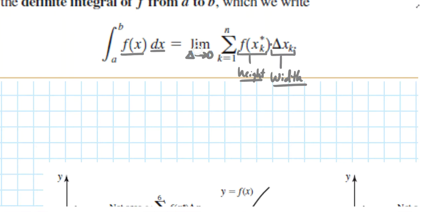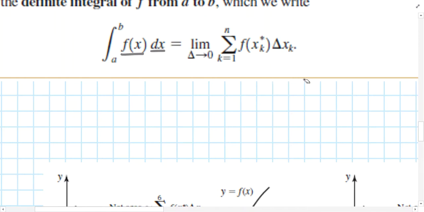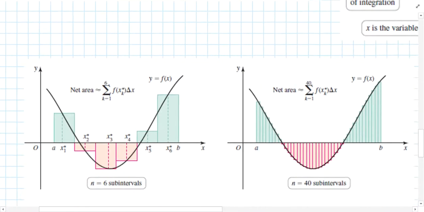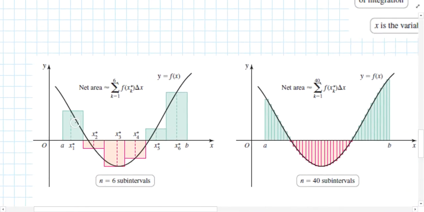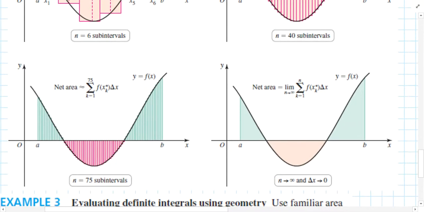It's this combination of the limit notion with an infinite number of sums of areas that allows us to calculate this definite integral. Now, fortunately for us, this definition is not a significant component of this particular class. I think as long as you're aware of the process where we can reduce the widths and increase the number of rectangles to get a better approximation, that's pretty good to understand.